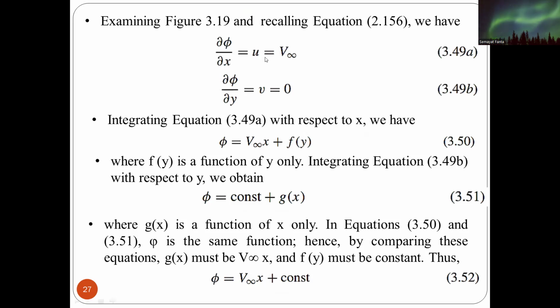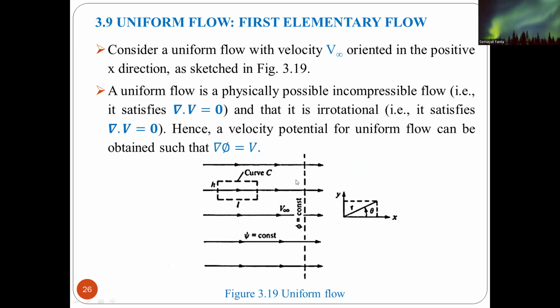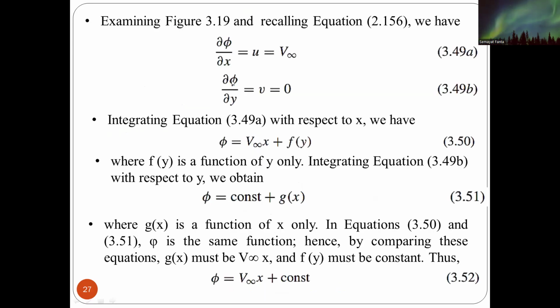The x component of velocity is V infinity, and the y component of velocity is 0. Why? Phi is constant in the vertical, so the differentiation of a constant with respect to y gives us 0.